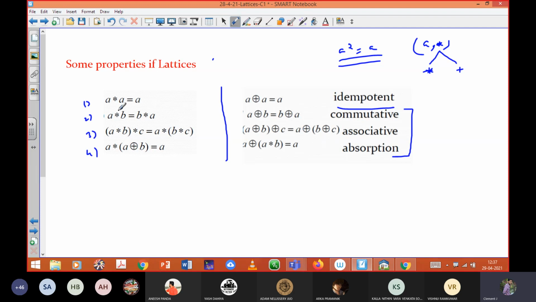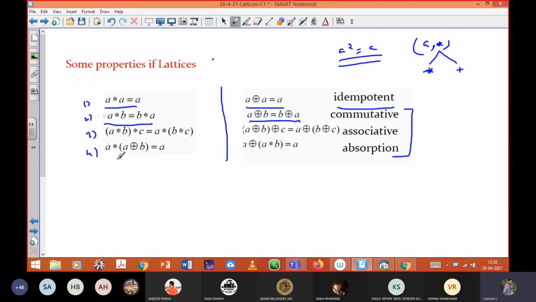Idempotent: between the same elements, if you apply the operation, you will get the same answer. Commutative: a star b equals b star a, and here a plus b equals b plus a. Associative: even if you change the positions of the brackets, you should get the same answer on both sides. Absorption law: here you should use both notations, LUB and GLB.